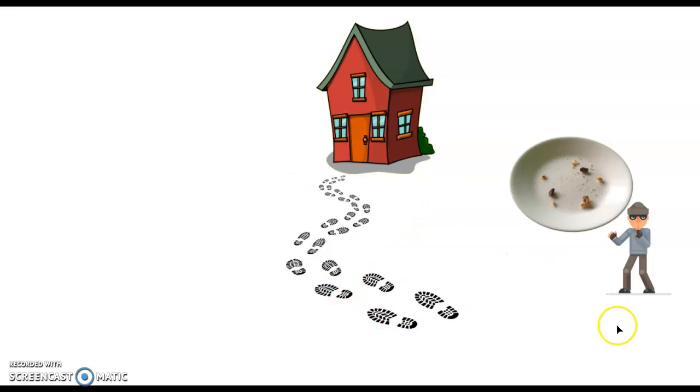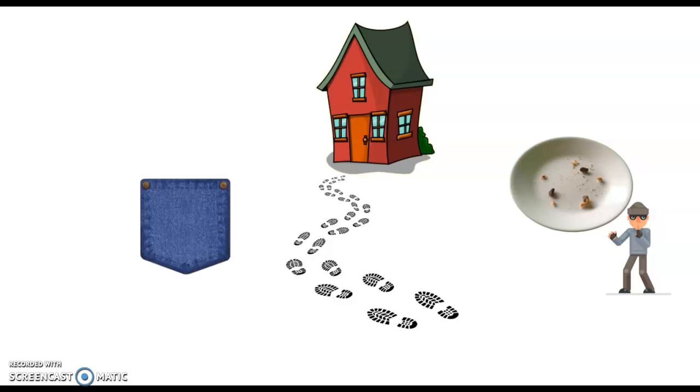And we say, okay, these footprints match Fred's footprints, so I'm pretty sure Fred was at my house. All right, cool. But now we have to prove that he actually ate the cookies. So maybe we go searching around in his clothes and we're going to check his pockets. All right, we're going to look inside of his pockets. And it turns out that we find crumbs in his pockets. Incriminating evidence. He definitely ate your cookies.